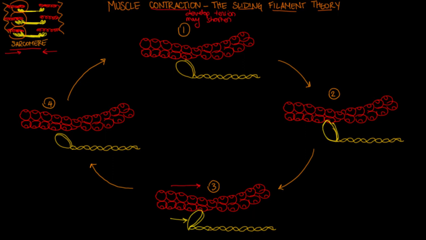Let's go ahead and start by labeling our important players. As you can see, we have myosin and we have myosin heads, and these are what we're going to be focusing on because the myosin head is what's going to interact with actin.